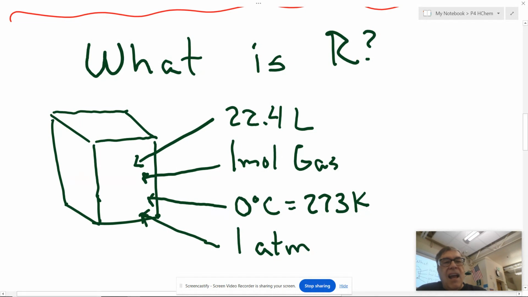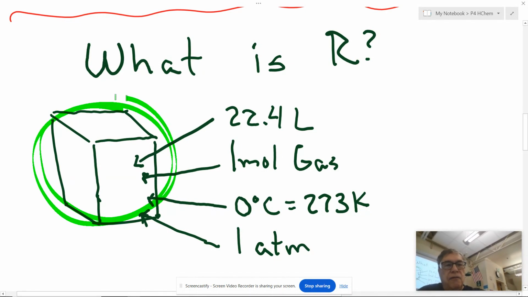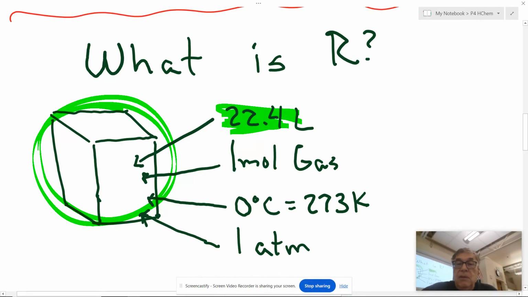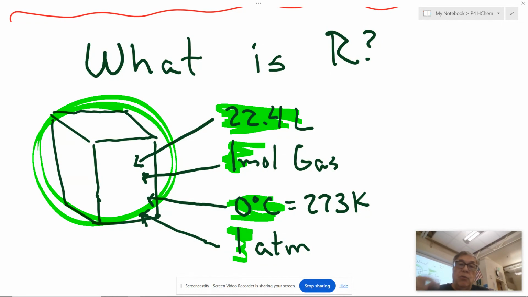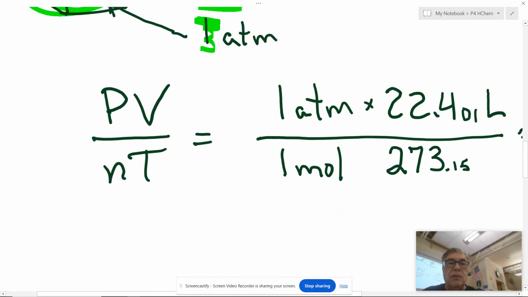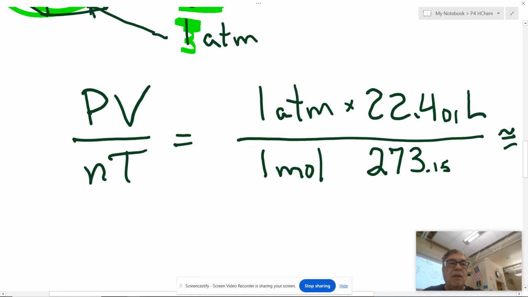Well, if you take a volume of gas, and we're just going to call this volume of gas 22.4 liters. We know from other things that we've studied that 22.4 liters of gas at standard temperature and pressure is 1 mole. Now, if we start playing with those numbers, and that's what people did to discover mathematical laws, was start playing with those numbers and making a little bit of sense out of them.